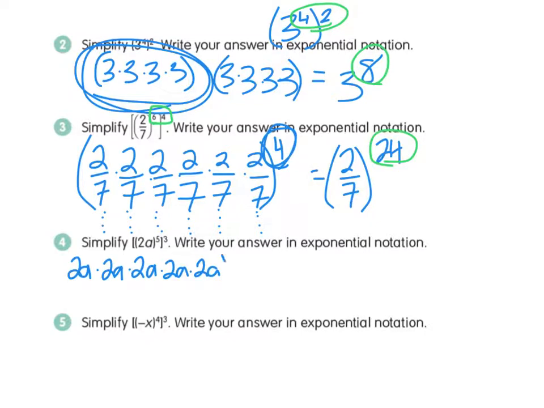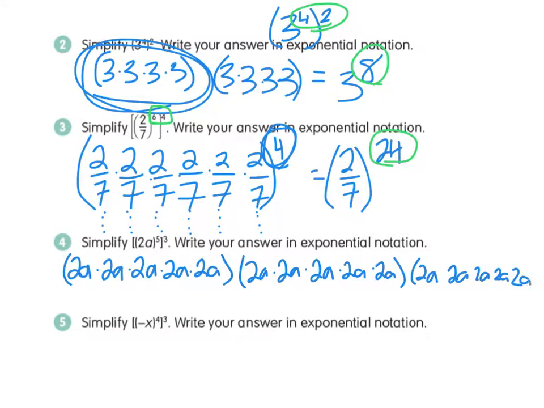Now I'm going to do another group, 2a times 2a times 2a times 2a times 2a. So that's 2 groups so far. It's to the power of 3, so we need 3 groups. So our last group, 2a times 2a times 2a times 2a times 2a. All right, now there are 3 groups of 2a, 2a, 2a, 2a, 2a.